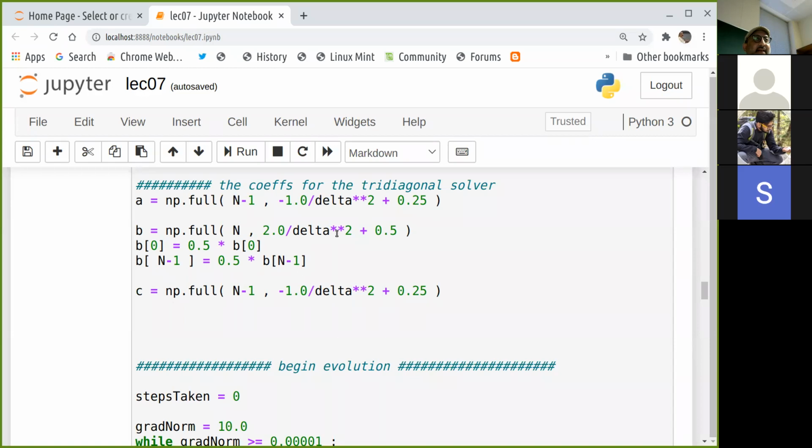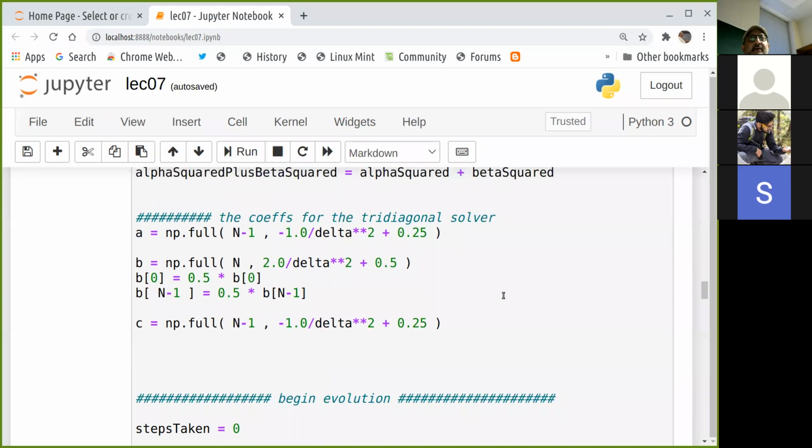And the last one is a half of what this formula gave me. Okay, and then I have these values. C is the upper diagonal, and there's n minus 1 entries of the upper diagonal, and each of these entries is minus 1 over delta squared plus 0.25. Okay. Any questions so far? Okay, so that's how you can create NumPy arrays where all the elements are the same.